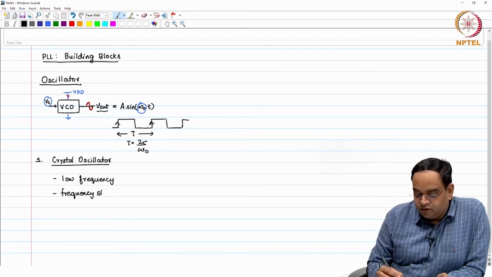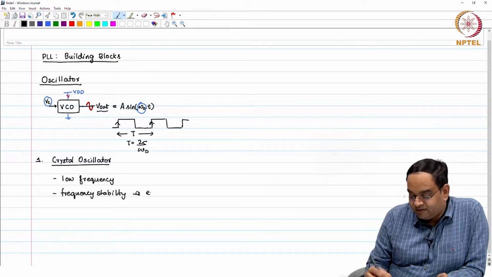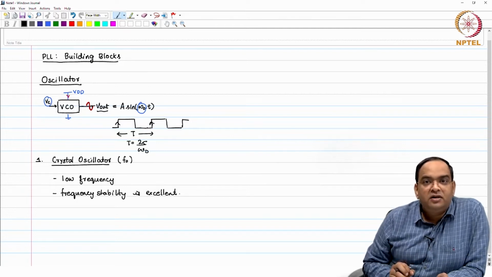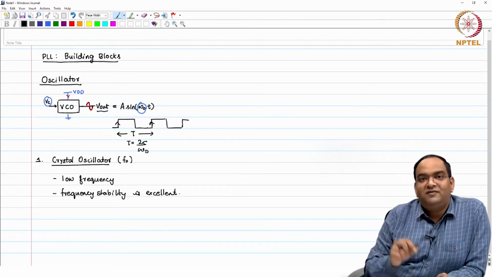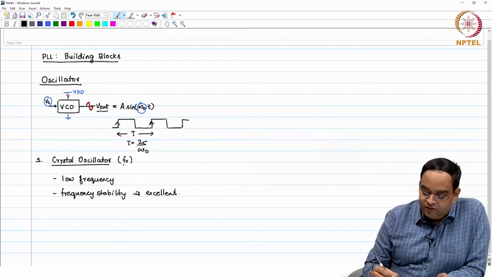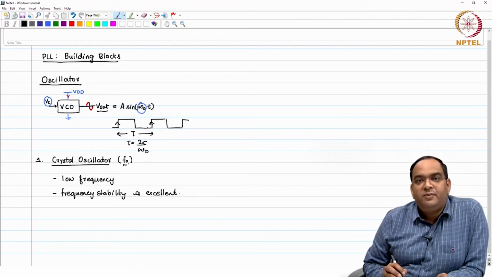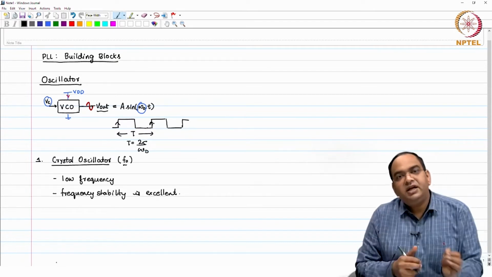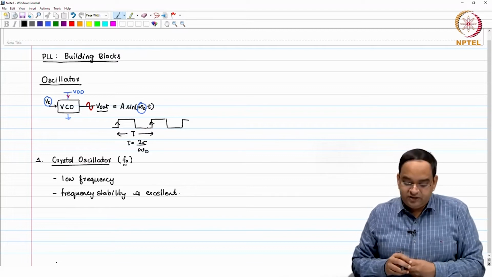What is frequency stability? When you have a crystal oscillator whose output is at frequency f naught, f naught is a function of your device sizes within the crystal oscillator, and this frequency f naught may vary depending on the temperature, the voltages we are feeding to the crystal oscillator, and other process parameters.